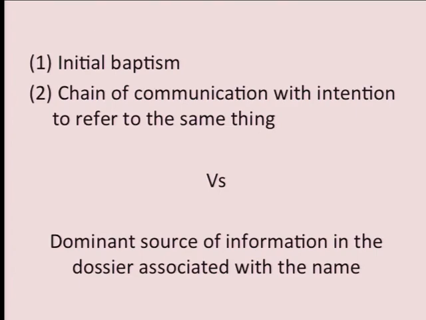The name still seems to be referring back to the person who was originally dubbed that. So you can find examples like Madagascar that raise problems for Kripke's initial picture and that seem to suggest something like Evans's dominant source of information. And there are examples that seem to shift it back to Kripke. Is that okay? Is that plain as day? Okay. Everything so far is completely lucid, right?